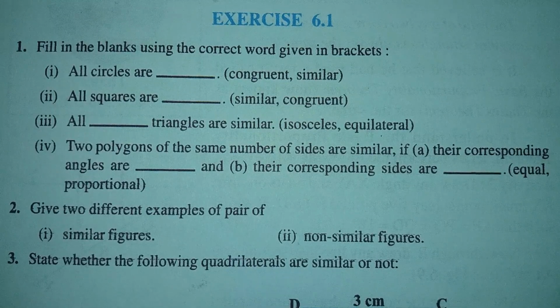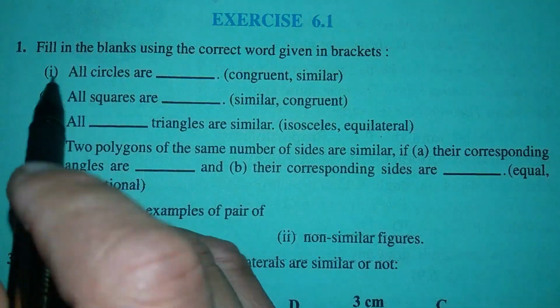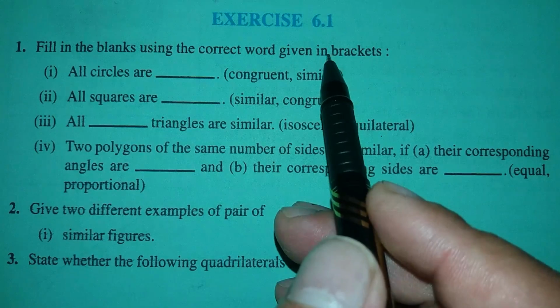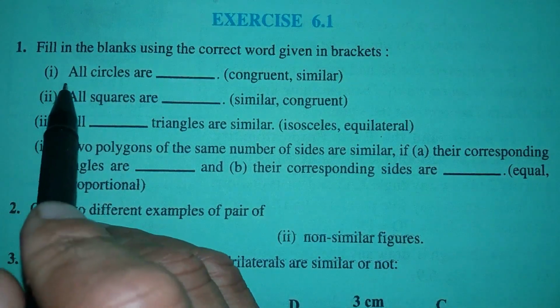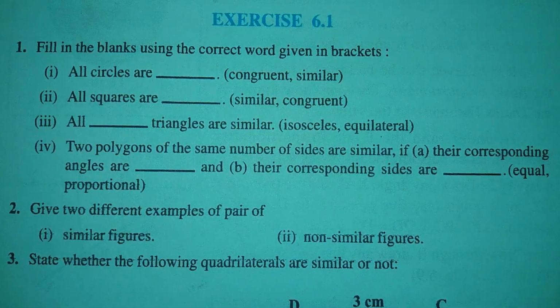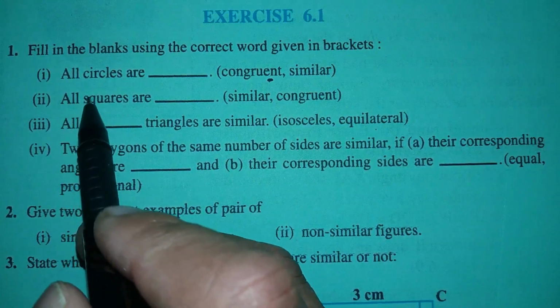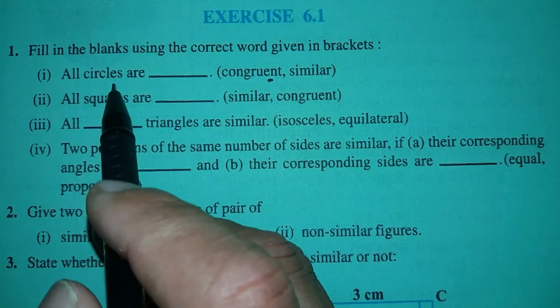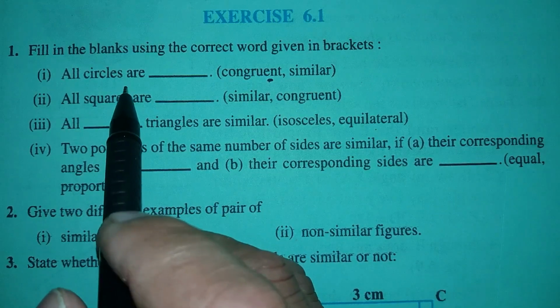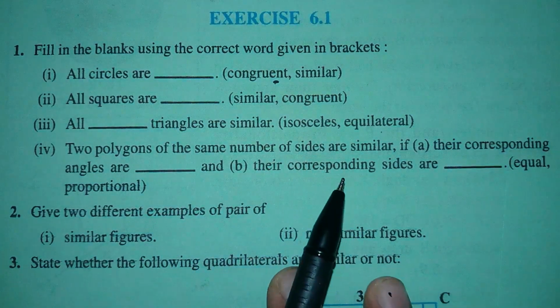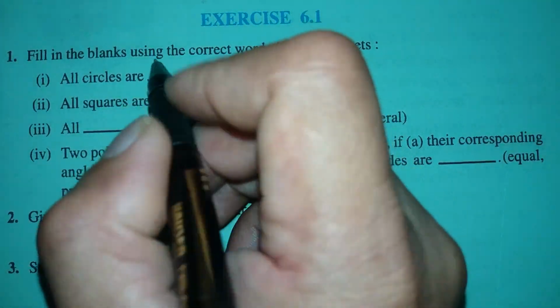Now in the first question we have to fill in the blanks using the correct words given in brackets. Okay, the first one is: all circles are congruent or similar. You already know that all circles have the same shape irrespective of their size, that is their radii. The answer is: all circles are similar.